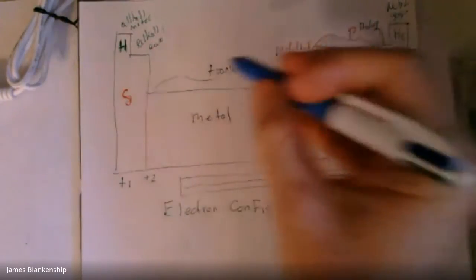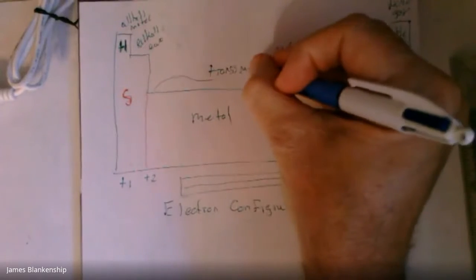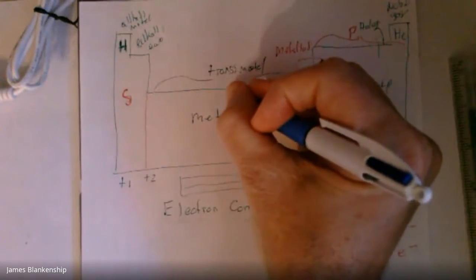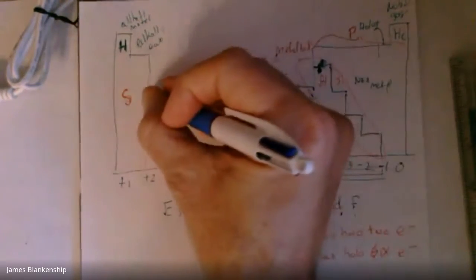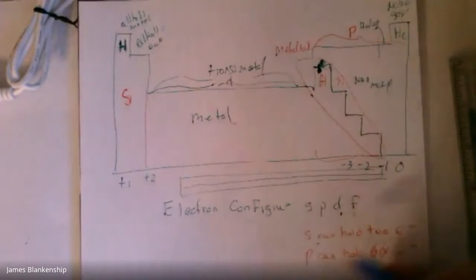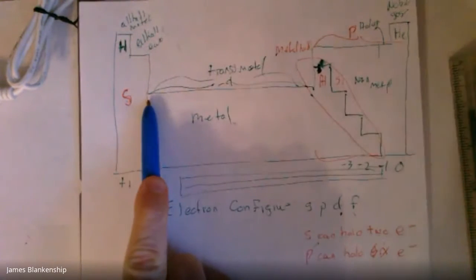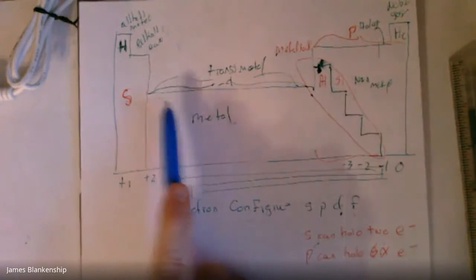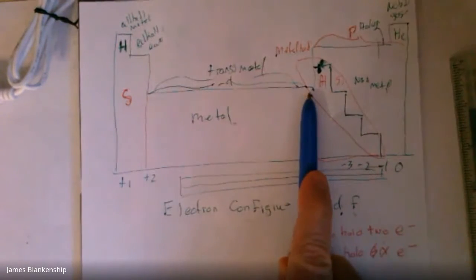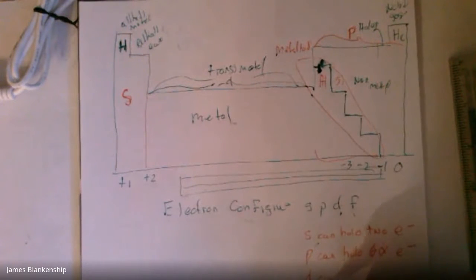The next block, what we labeled transition metals, those are our D block. That will be our D subshell. Now our D subshell can hold 10, and if you count from scandium at number 21 over to zinc at number 30, that's why D has 10 across there. That can hold 10 electrons.